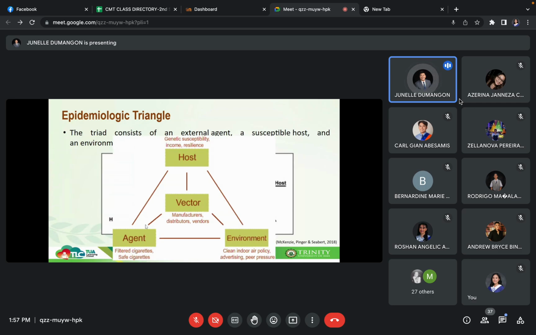How did the cigarette reach the host? Through vectors. Who are the vectors? The manufacturers, the distributors, the vendors of cigarettes. And then, add to that the environment. Your air policy, peer pressure, advertising, etc. So later on, puntahan natin to.